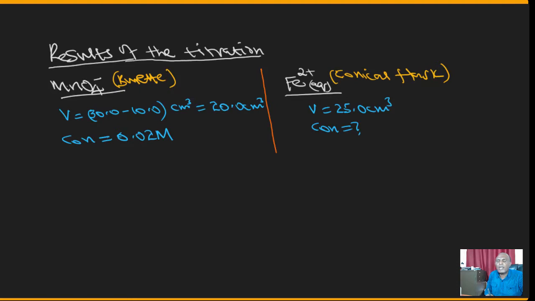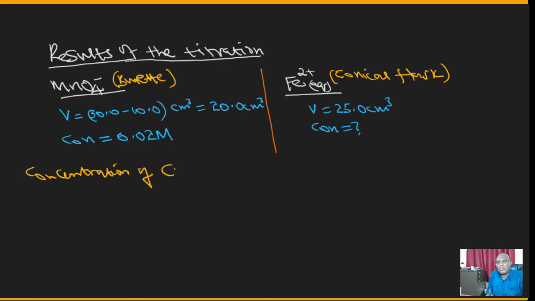We don't know the concentration of iron 2 ions. Also, the concentration of manganate 7 was 0.02 M. Remember, the objective of this titration is to get the concentration of the copper 2 sulfate solution.